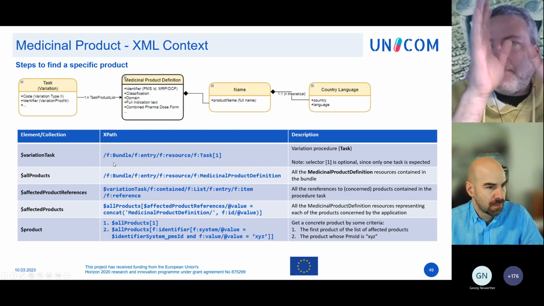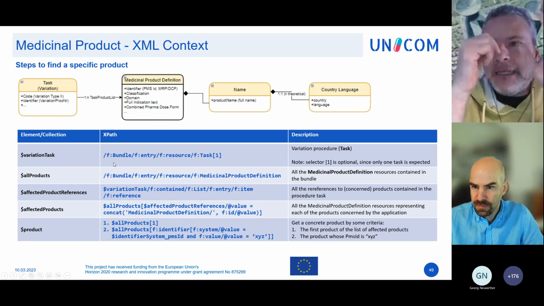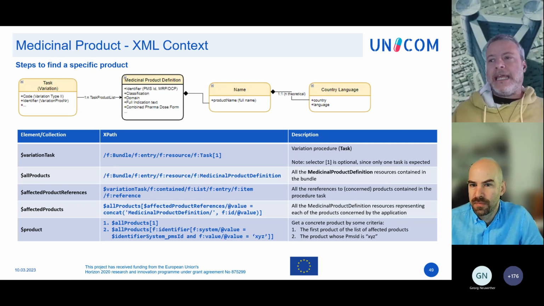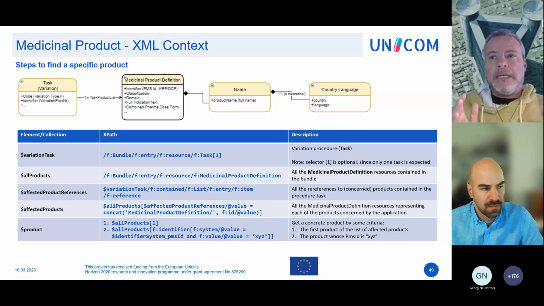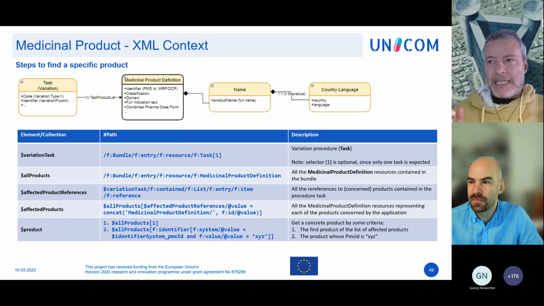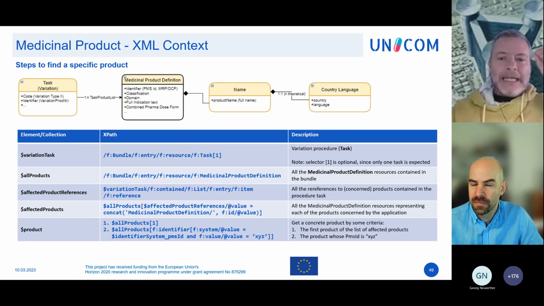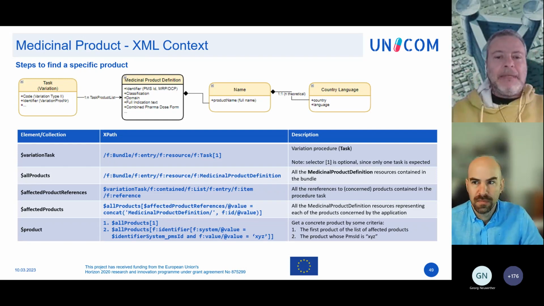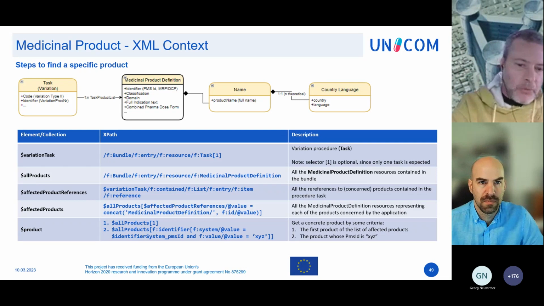I am pretty sure that every XPath interpreter in any technology is able to store intermediate results in variables. In our case, the variables were the ones that are listed in the first column. And the idea was to put inside those variables intermediate results that can then be reused to make other queries.